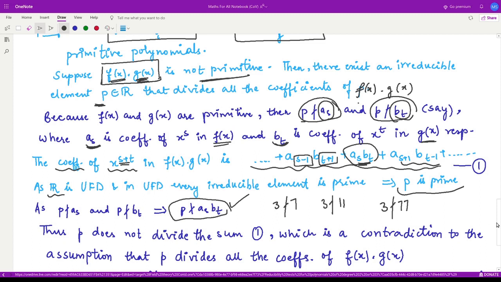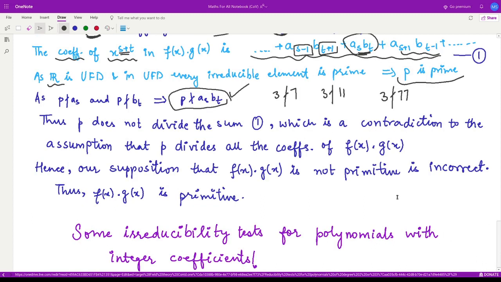That means we got a contradiction. So whatever we have assumed is not true. Therefore, the statement that the polynomial f(x) into g(x) is not primitive is not correct. That means we have assumed it wrong. So therefore, this product is surely primitive.